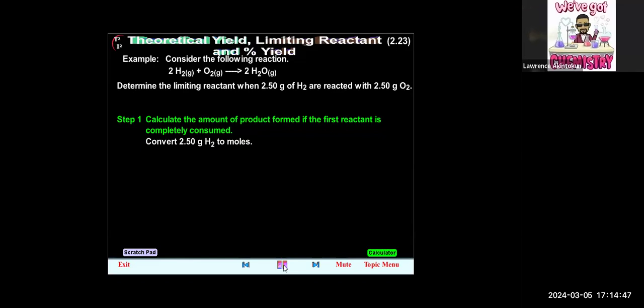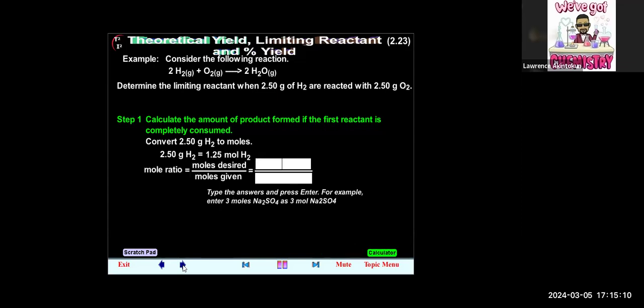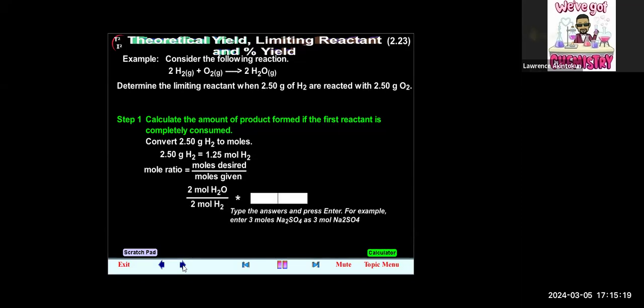Convert 2.50 grams H2 to moles. I'll go ahead and input the answers. Mole desired from the balanced equation at the top and moles given, multiplied by your moles of hydrogen, and that gives you moles of water.